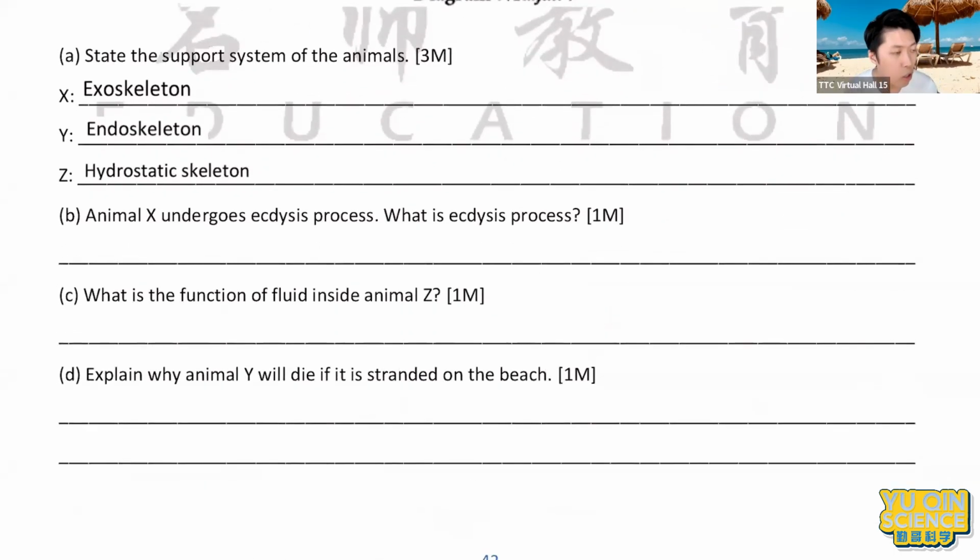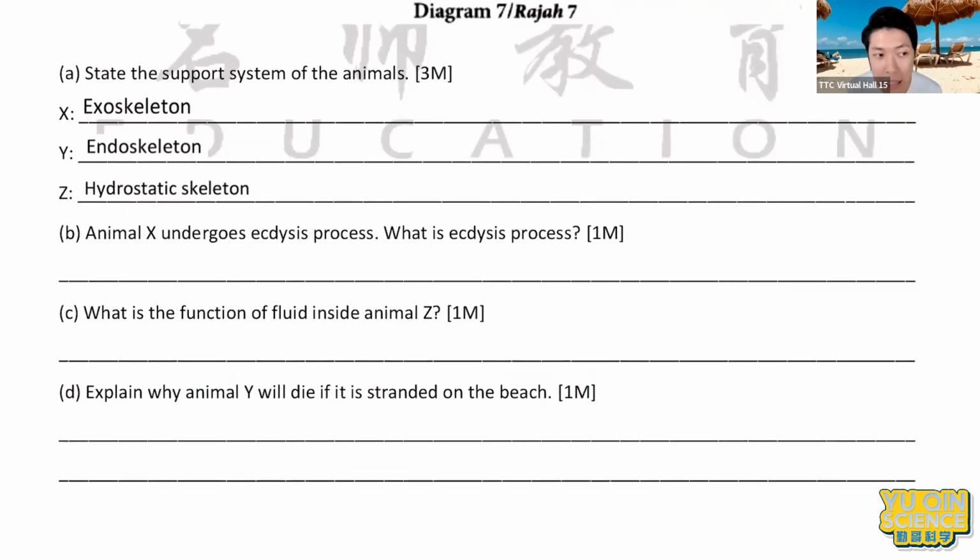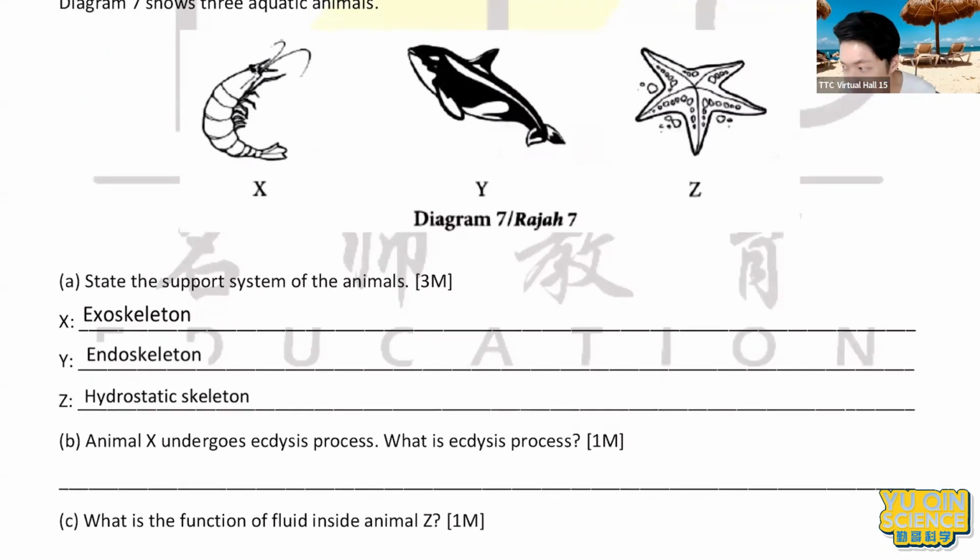Shall we? Animal X undergoes the ecdysis process. Oh, ecdysis. Do you remember what ecdysis is? Those are for exoskeleton because they are restricted by the hard shell on the outside. When they have to grow, they have to go through this process where they shed their outer shell away so they can grow. They need to throw away the shell and replace it with a new one so they can grow. So that's called ecdysis.